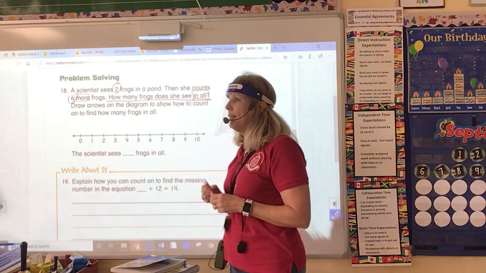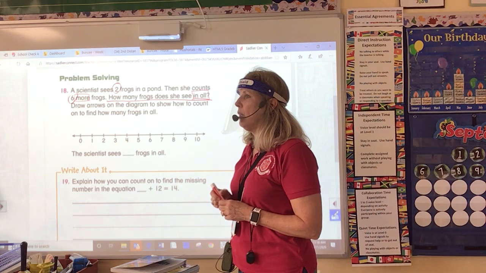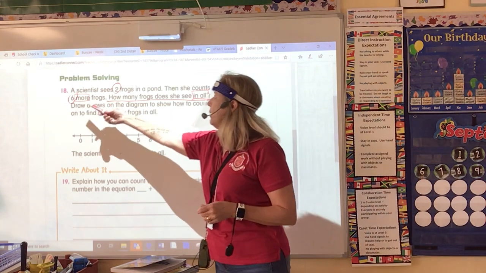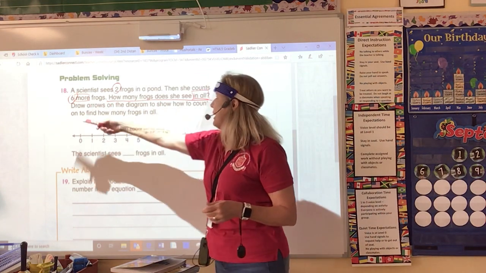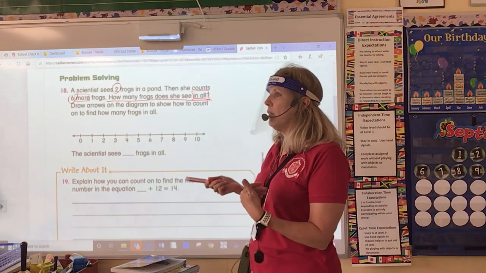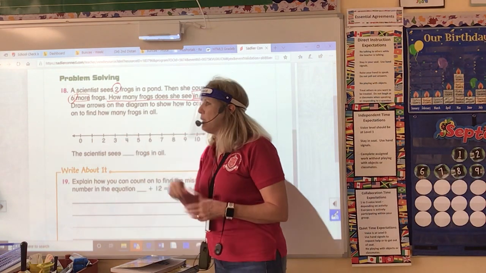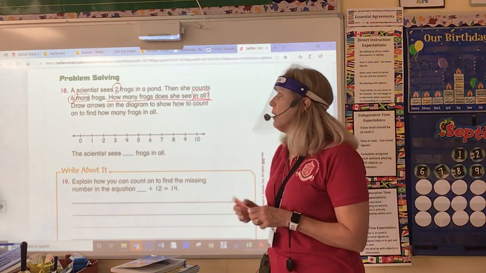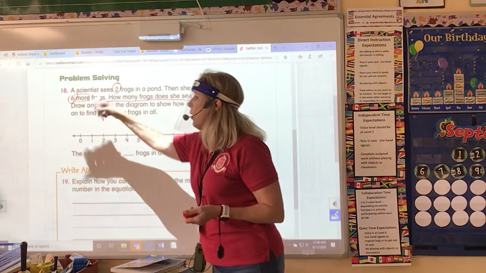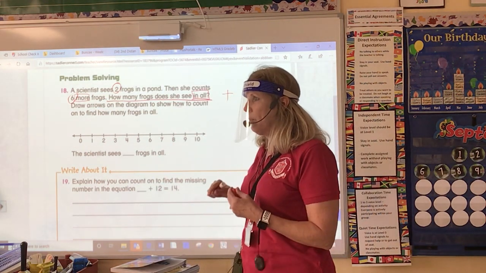It's telling us to use the number line. But what is more, if we're saying then she counts 6 more, what are we doing? Is it telling us that we're adding or subtracting? Okay, so by having more, that tells us that we're going to add our numbers together, right?